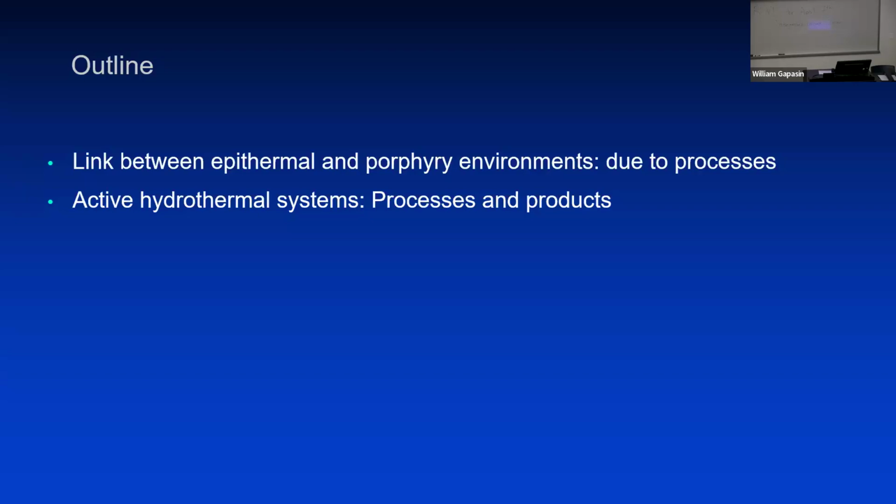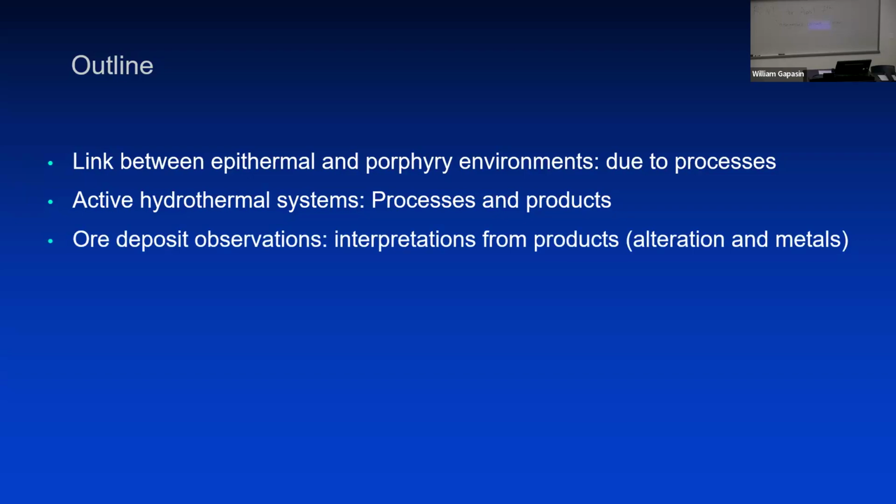So we've been discussing the link between epithermal and porphyry. It's related to process. Look at a few more active hydrothermal systems, particularly focusing on processes and products, and then look at examples and interpret these alteration products, mainly the metals. The alteration, I'm not going to talk about metals today.